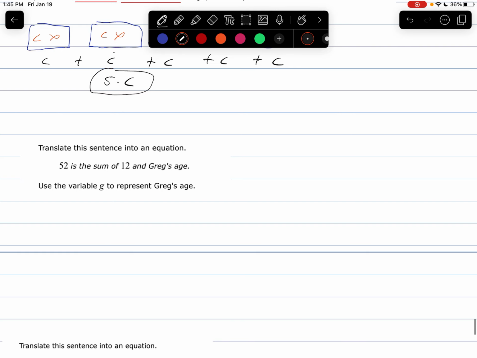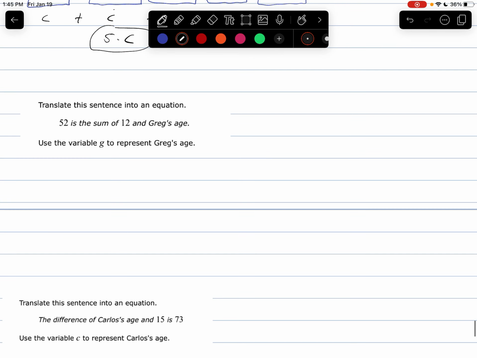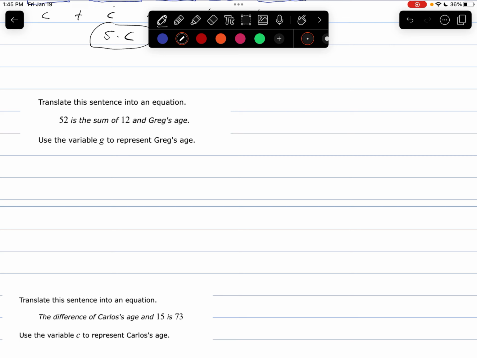Okay, now let's look at a time when maybe we want to write an equation, okay? So let's say we want to translate this sentence into an equation. 52 is the sum of 12 and Greg's age. Okay, so here we want to use the variable g to represent Greg's age. Okay, so g is Greg's age.